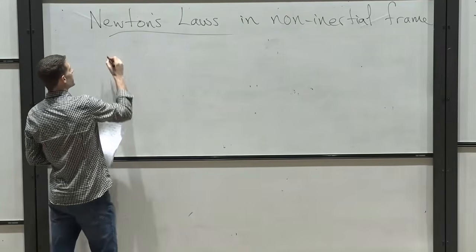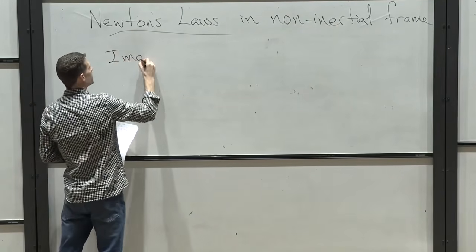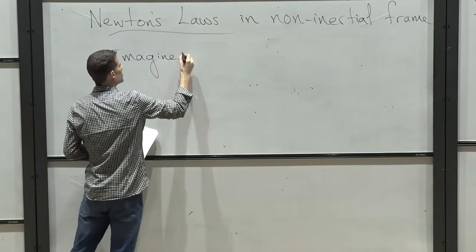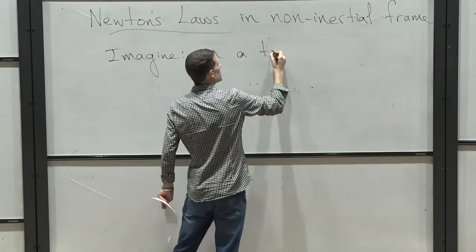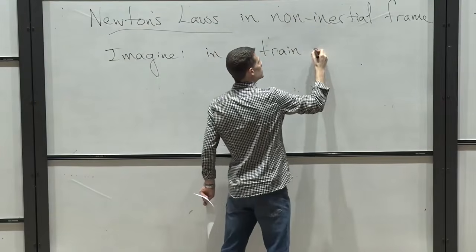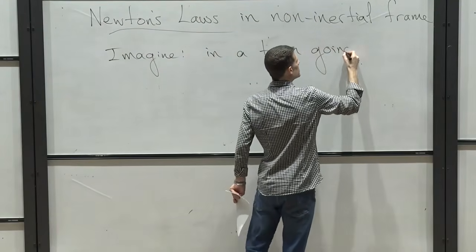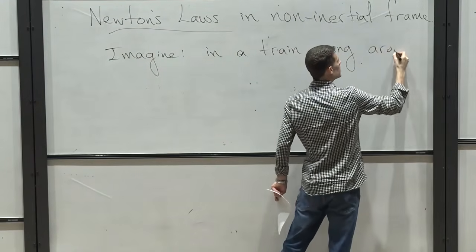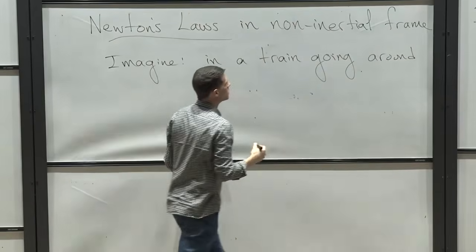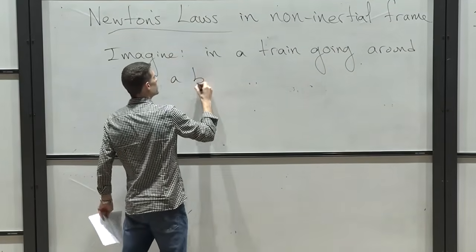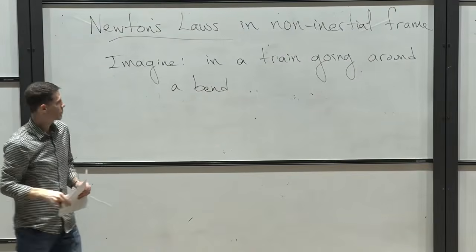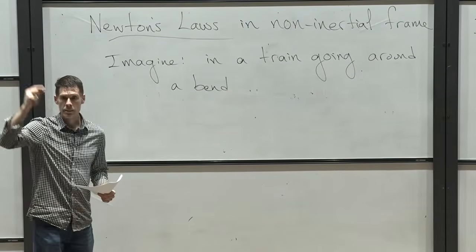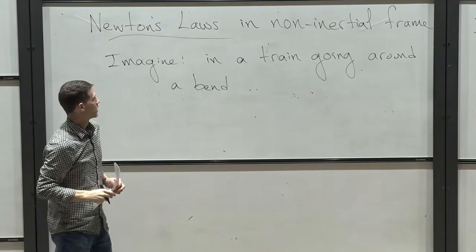So, for instance, you might say, here's a scenario. Imagine that we are in a train generally accelerating, but maybe the train's going around a bend, and I do an experiment. I toss a coin, I don't know.